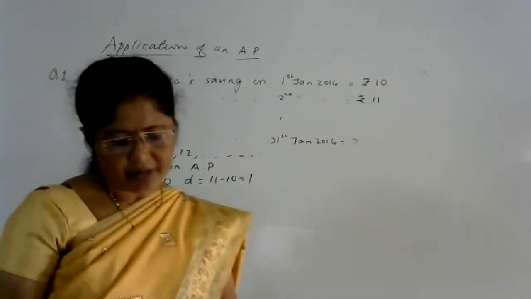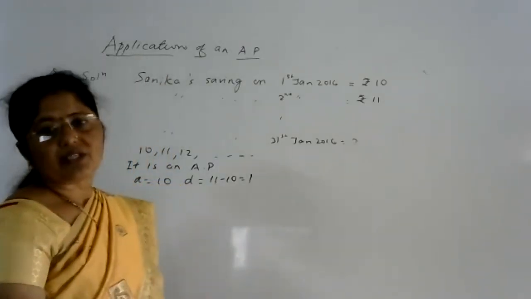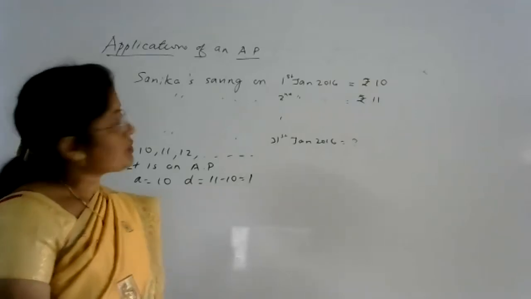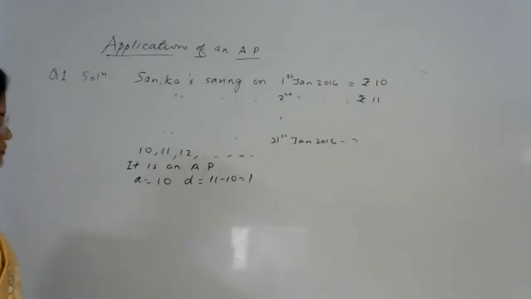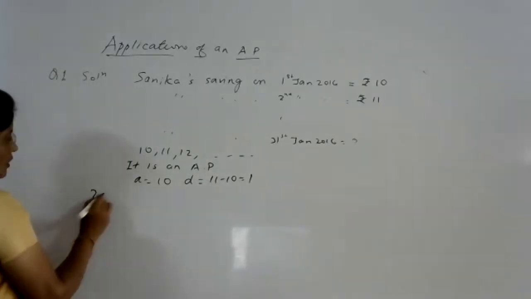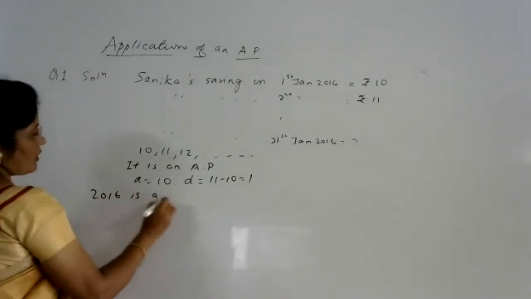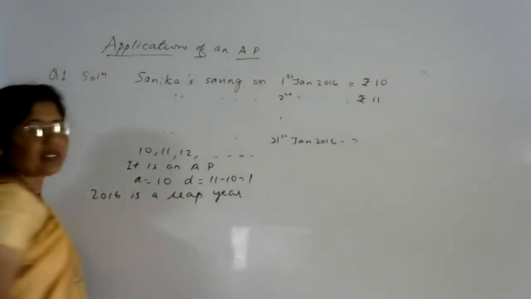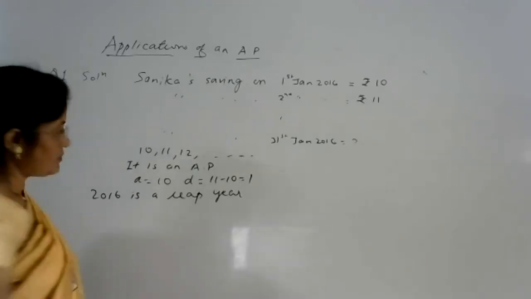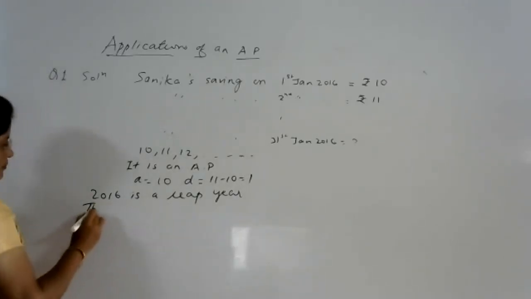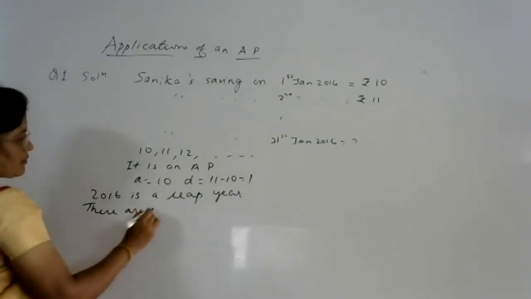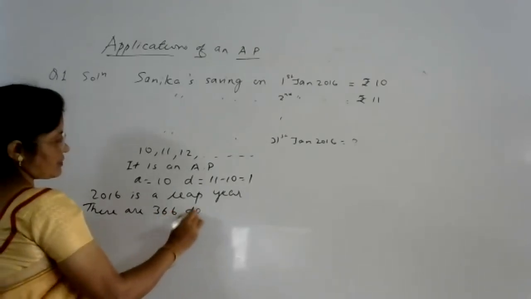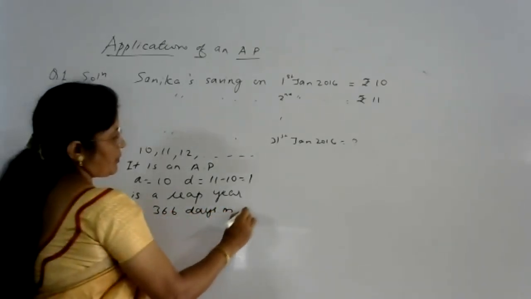Now we have to find her total saving in the whole year. Again, 2016 is a leap year. So how many days are there in a leap year? 366 days in a leap year.